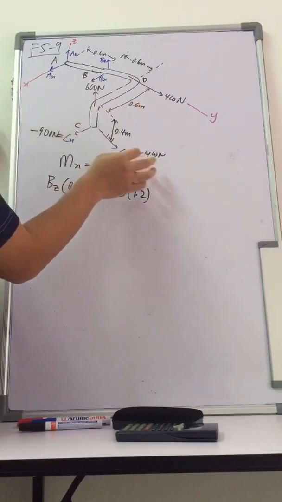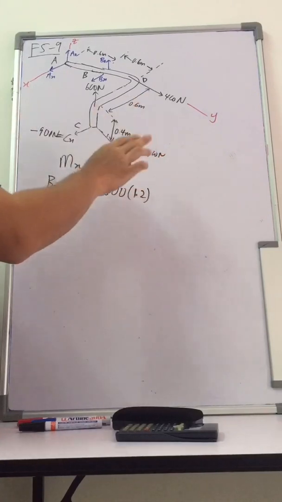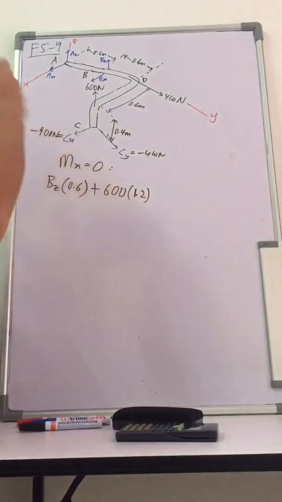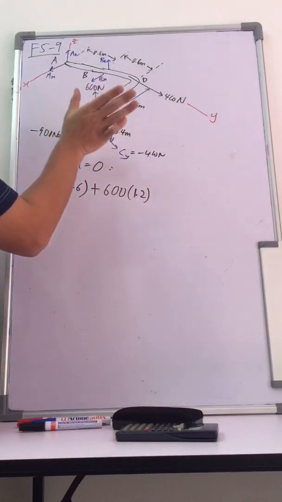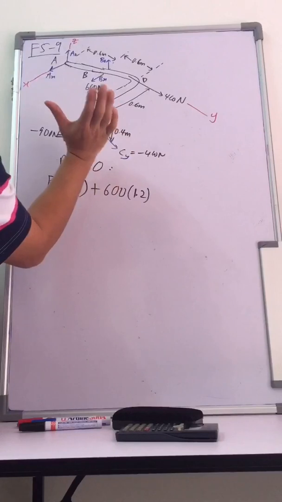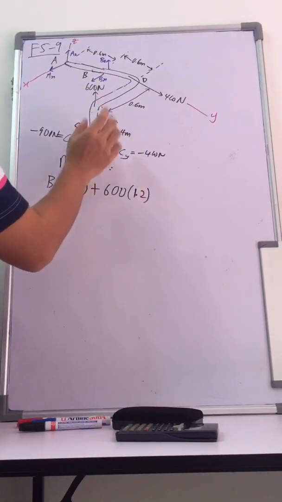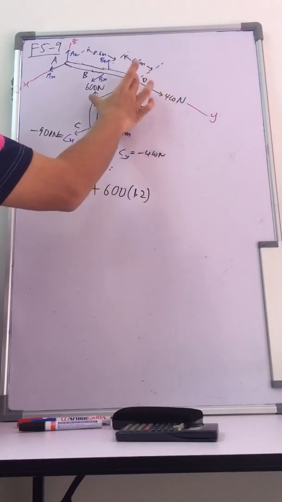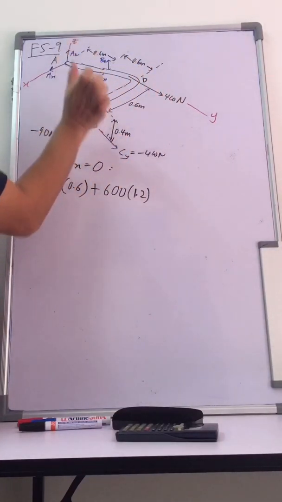Sorry, we have not done the Cy for a moment before. So for Cy we have two moments. One is with this perpendicular distance 0.4, so we'll have MX, the one that we're going to put here. Another one is with this arm 0.6, so we have MZ.